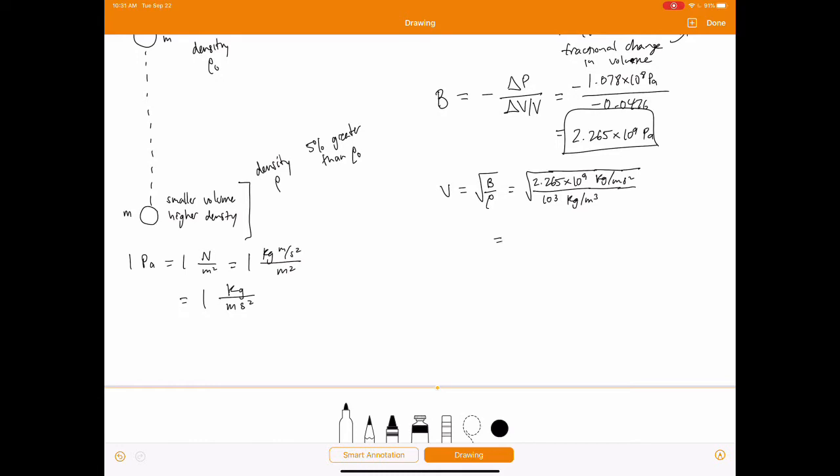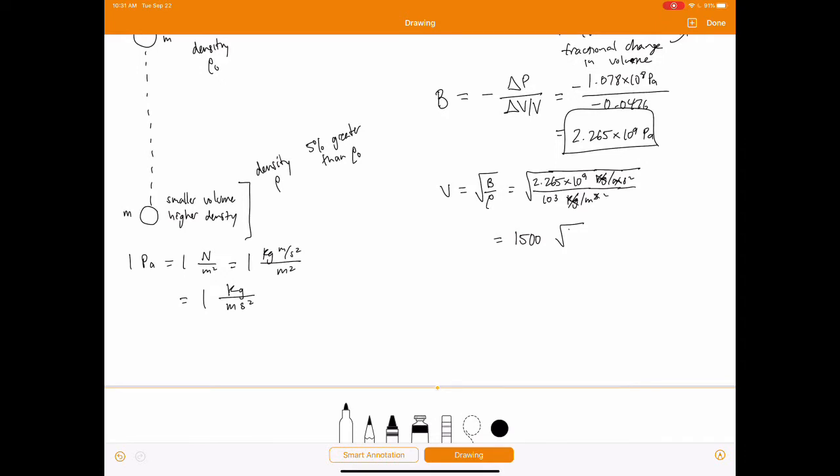Okay, so numerically, if you crunch those numbers, you're going to get 1,500. And unit-wise, kilograms will cancel. We're going to have in the square root, meters canceling here, this becoming meters squared.